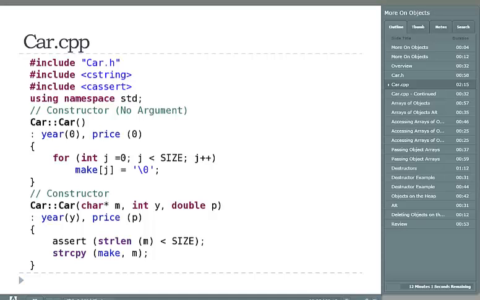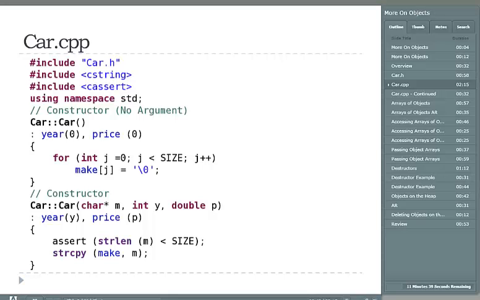Because this class will use some string standard library functions, cstring is included. This is the same as including string.h in a C program. It will also use the assert macro to check that the requirements of a function are being met. For that reason, cassert is also included.